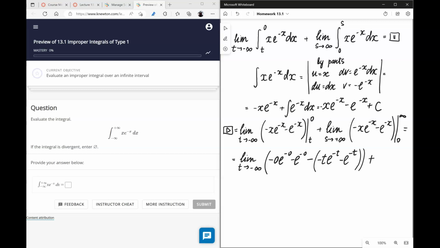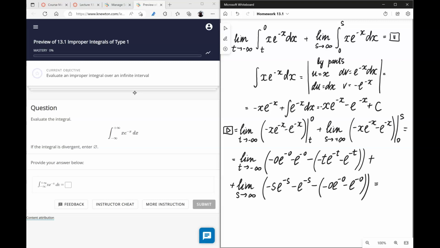And the second limit, s goes to positive infinity, and we have negative s. I just made a typo here, this is s. So we have negative s e to the negative s minus e to the negative s, and we subtract at 0: 0 times e to the power negative 0 minus e to the power negative 0. In order for the original integral to converge, both of these integrals have to converge.